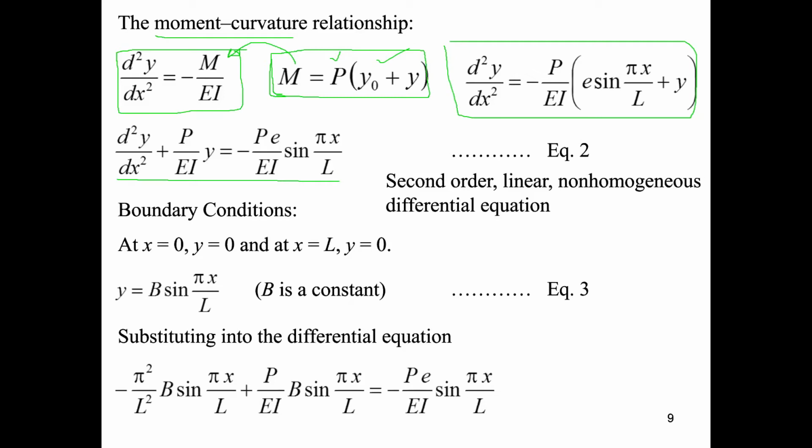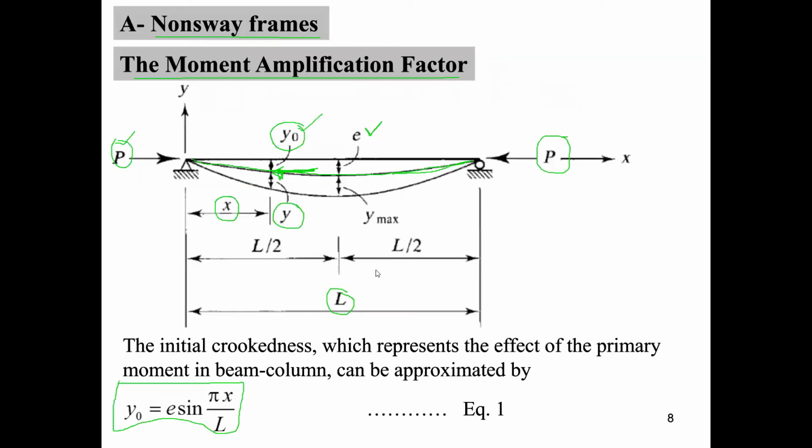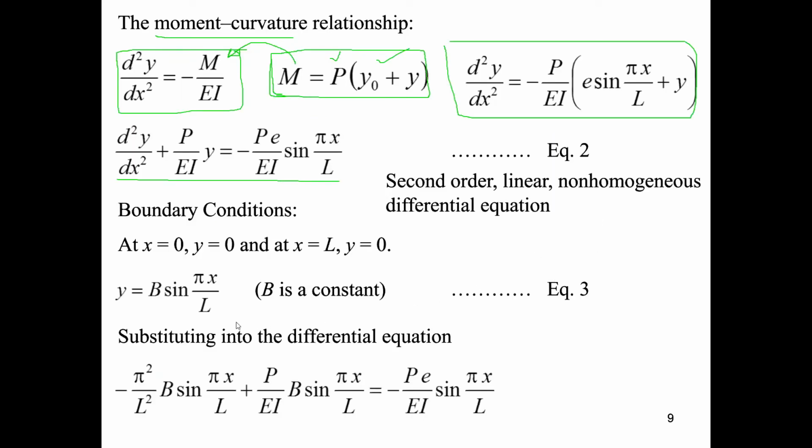With the aid of the following two boundary conditions, at x equals 0, y equals 0, and at x equals L, y equals 0, equation 2 can be solved, and the result will be y equals b sine pi x over L, where b is a constant. Remember, y is the final displaced position when the structure reaches equilibrium.